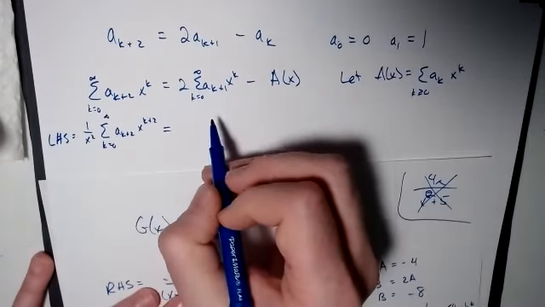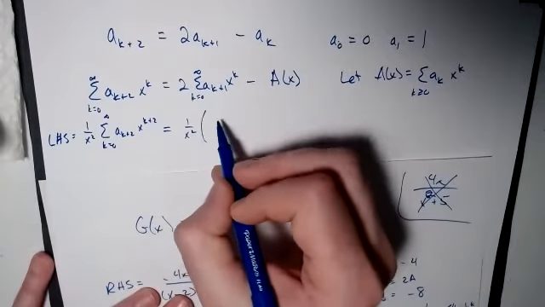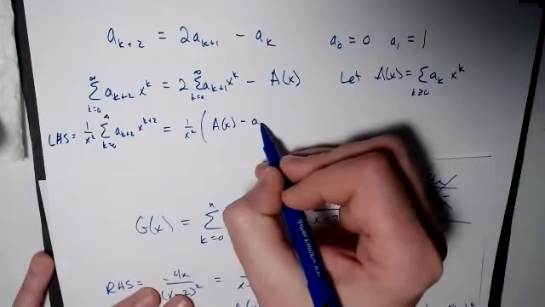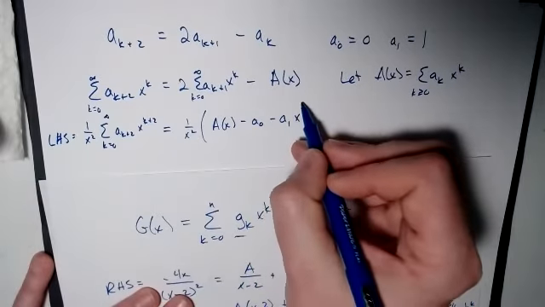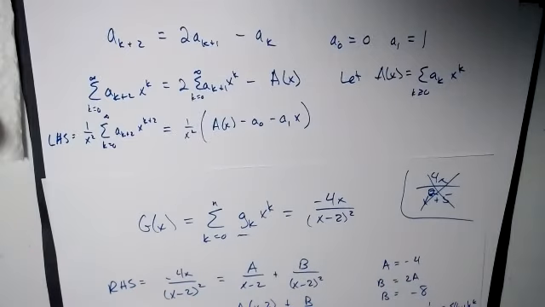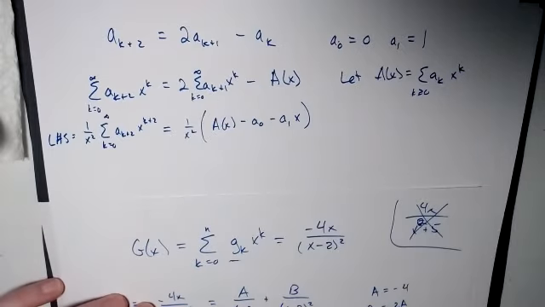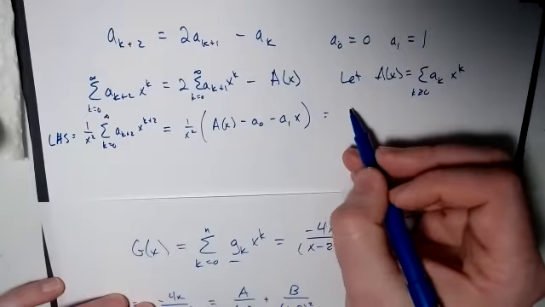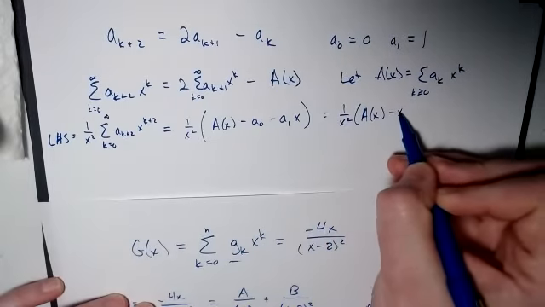So this is equal to 1 over x squared times A(x), except we're missing a_0 x^0 and we're missing a_1 x. We've done this piece a bunch, so when we get there, we'll just kind of know what that is. But in this particular case, a_0 is 0, a_1 is 1, so this is 1 over x squared times A(x) minus x.